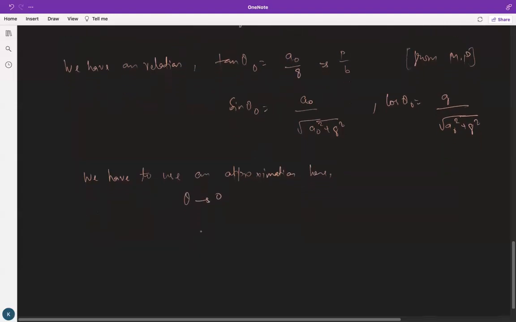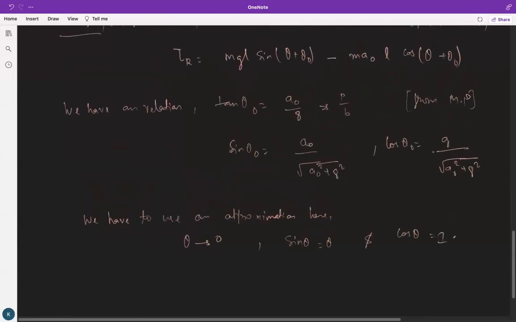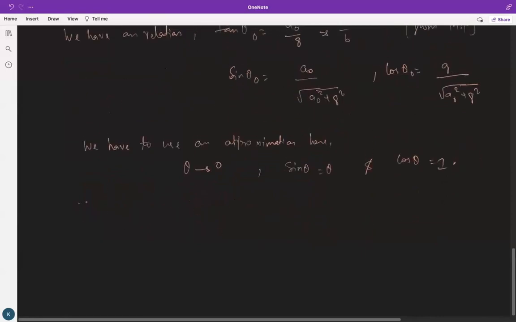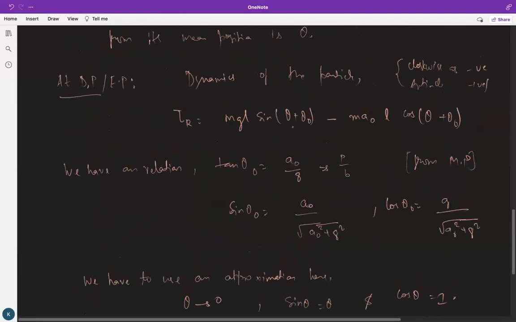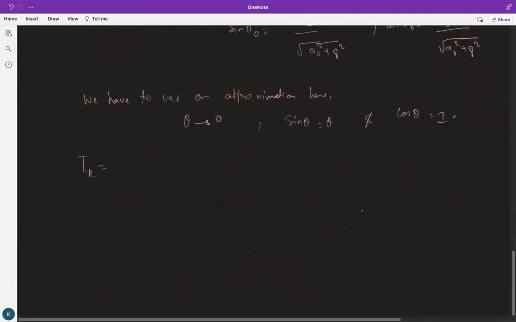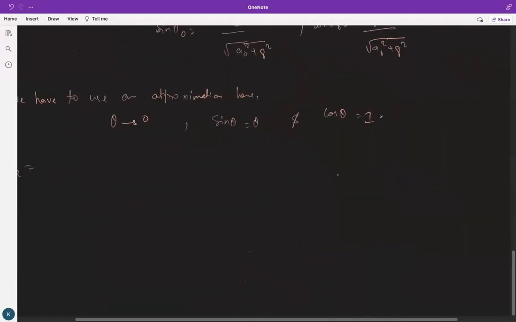So look here, when theta is tending to 0, sine theta is equal to theta and cos theta is equal to 1, right? So here we can write our restoring torque. If you break this term using the formula, let me write it.